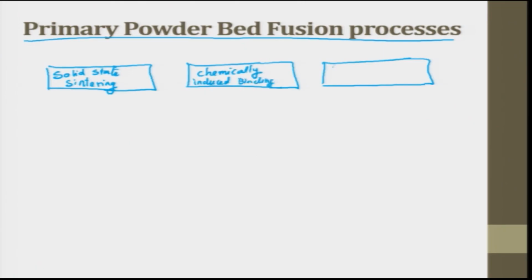The third one is liquid phase sintering, which is partial melting. And finally, you have one star, I will write the star here, as full melting.